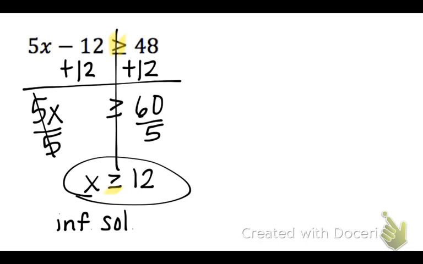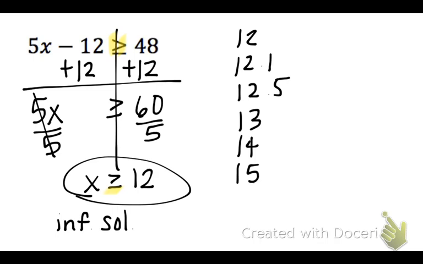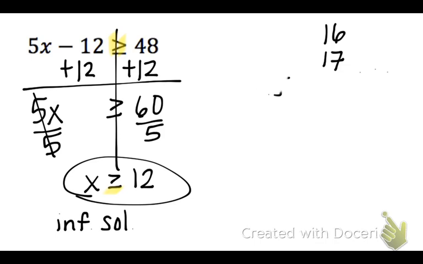So that means that x can be all of those numbers that are greater than 12, but it can also be equal to 12. So possible answers actually start with 12: 12, 12.1, 12.5, 13, 14, 15, anything greater than or equal to 12. Okay, so there's still infinite solutions, but the solutions this time include the number 12.